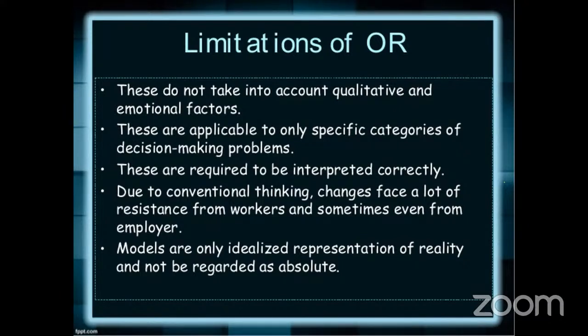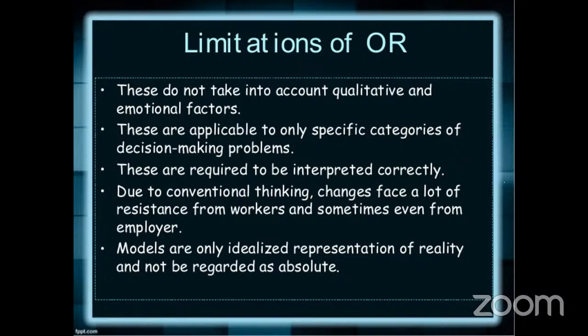And these are applicable to only specific categories of decision making problems. Specific categories in the sense of complex problems where we can solve them properly by converting them into numbers. There only it is possible, otherwise it is not possible. And these are required to be interpreted correctly. Whenever you are converting a problem into a number, that number must be accurate.